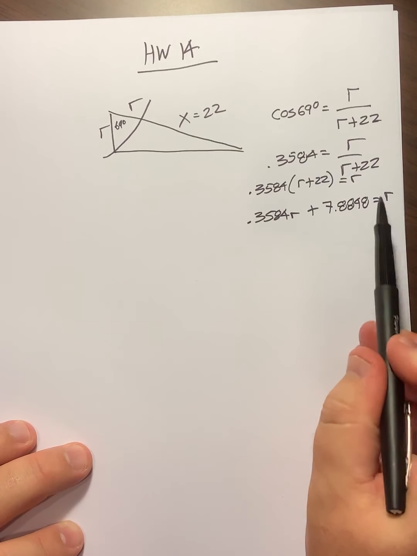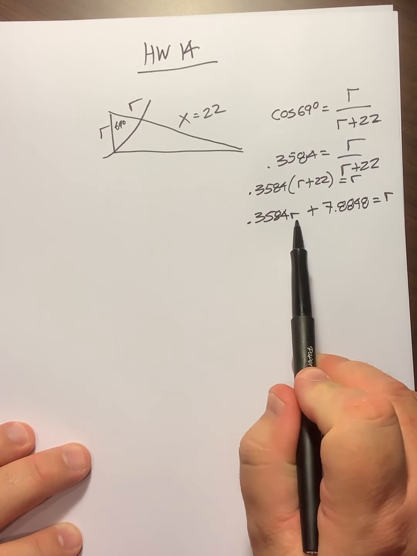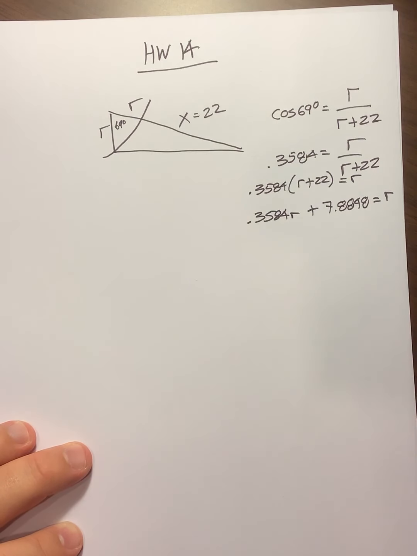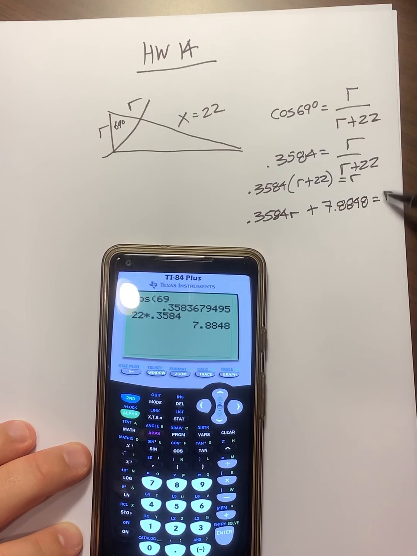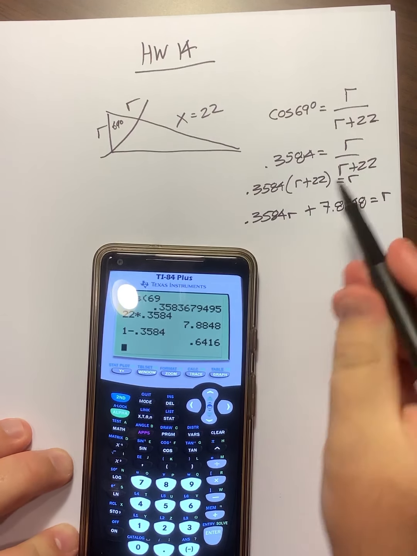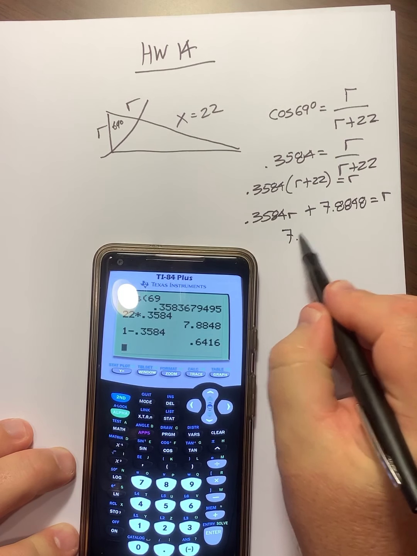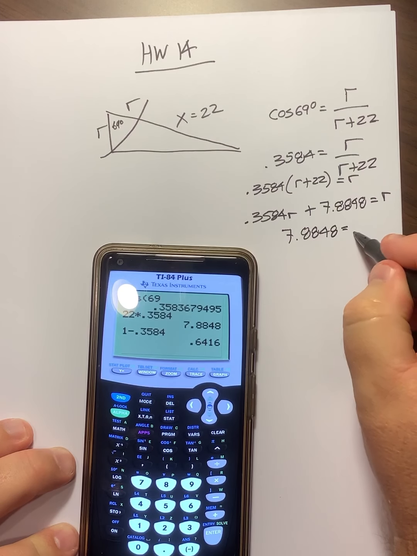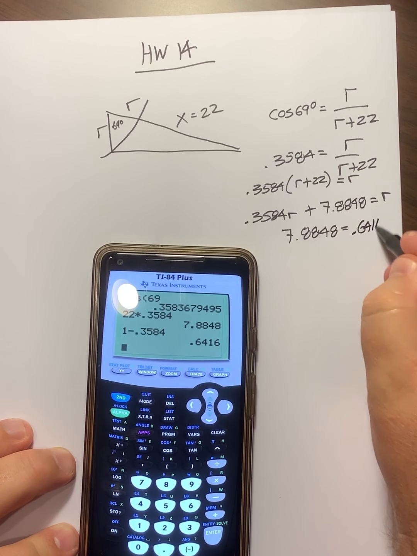Now, this might be a little difficult here, but do you notice we're going to combine like terms? Do you notice I have an r here and an r there, right? So I'm actually going to combine these. I'm going to subtract this r from both sides. So this is how many r's? 1 r, and this is 0.3584. So I'm going to go 1 minus 0.3584, and so then I have 7.8848 equals 0.6416r.